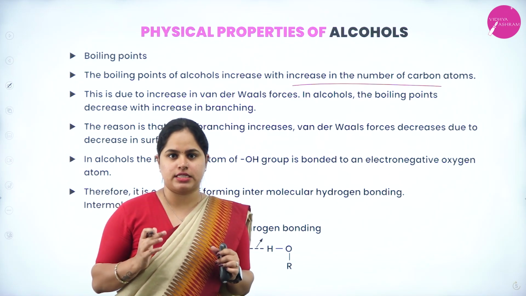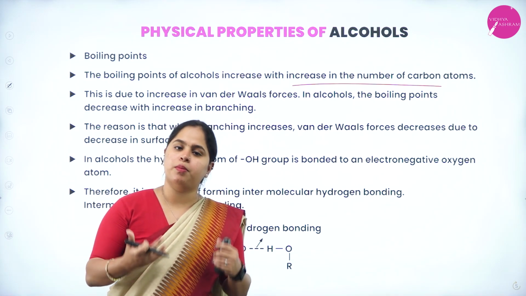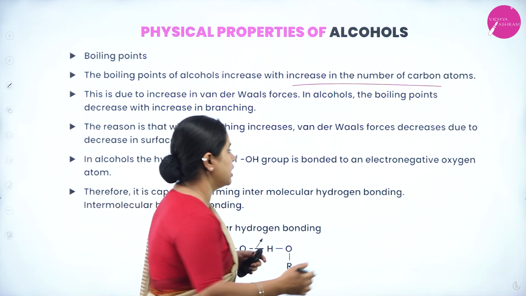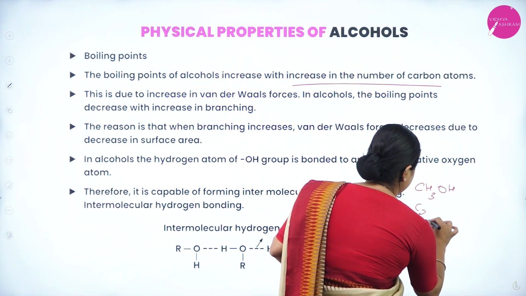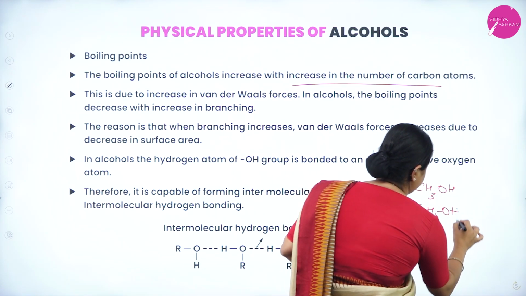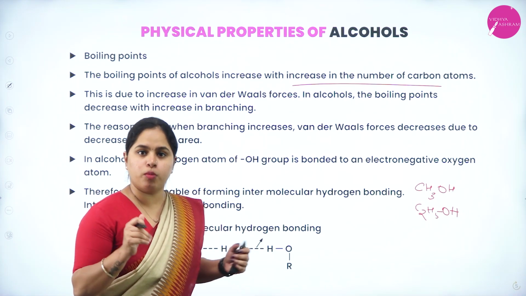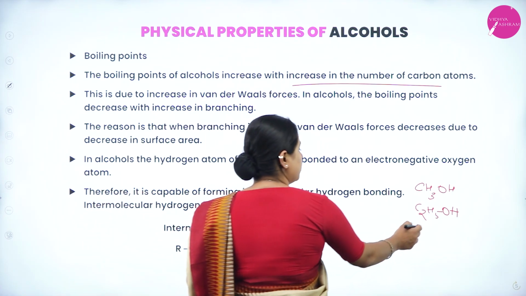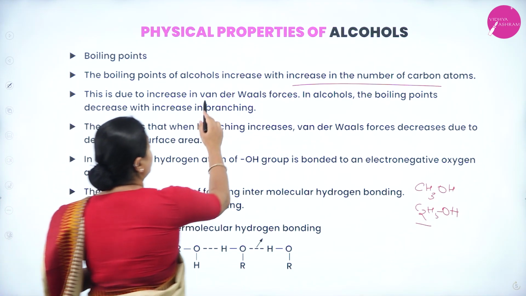Because of these reasons, the boiling point of the alcohol also increases. That means if you are comparing methanol and ethanol, just by looking at this we can tell that ethanol has the higher boiling point. Why? Because it has more carbon atoms. I hope it is clear. This is due to the increase in van der Waals forces.